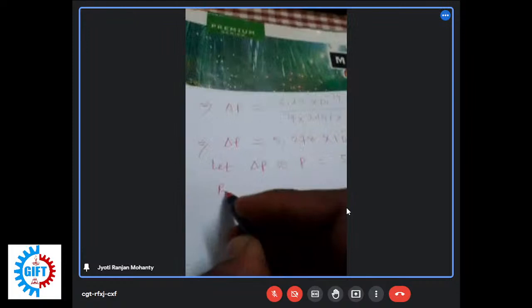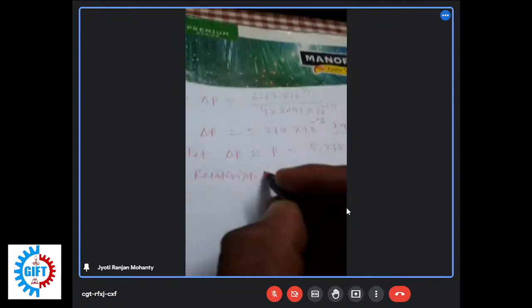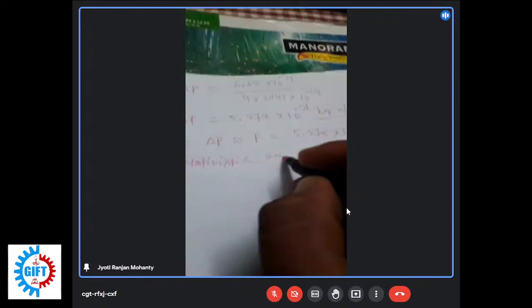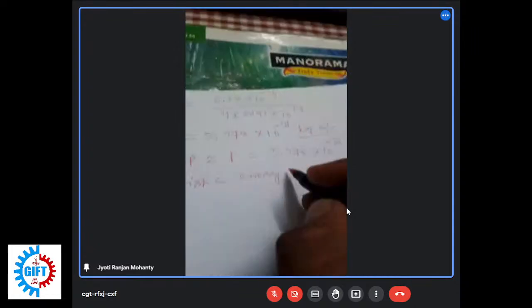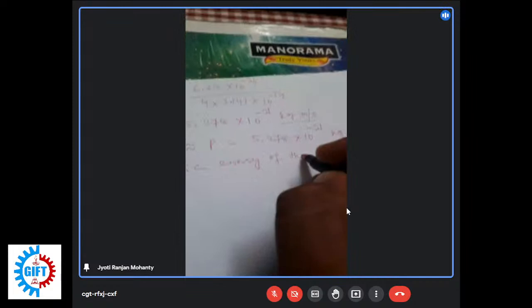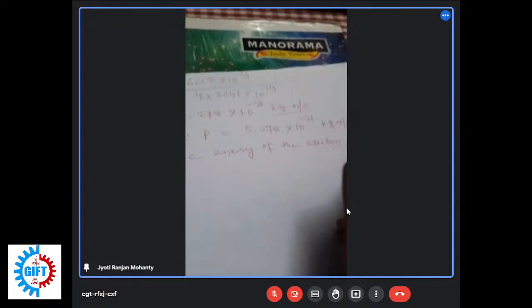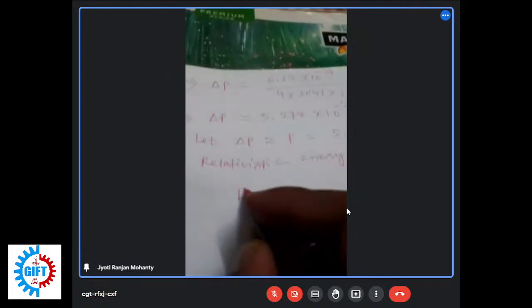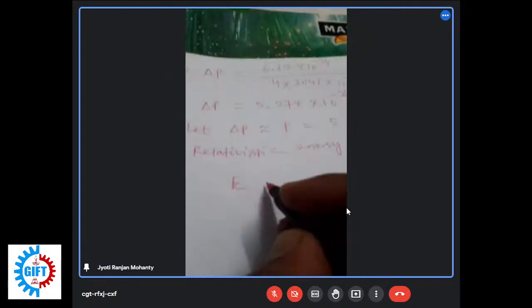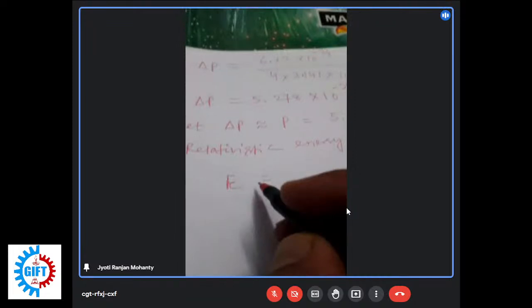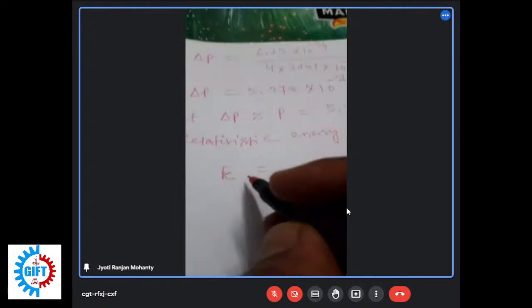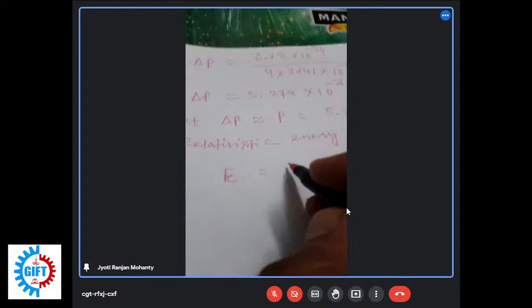Okay. So after that you can write the relativistic energy of the electron: E is equal to the square root of m0 square C to the power 4 plus P square C square. One formula here you have to remember.